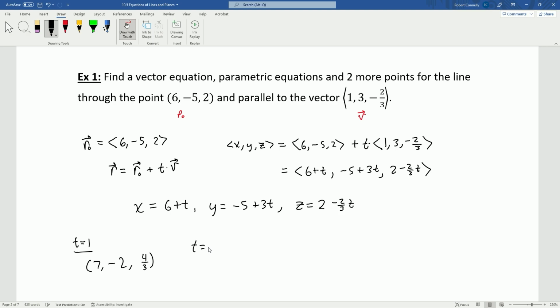And if we plugged in t equals, let's say, 2, we get 8, positive 1, and 2/3. All right, and that's it. We're all done with that example.